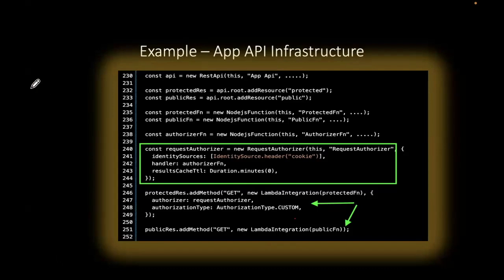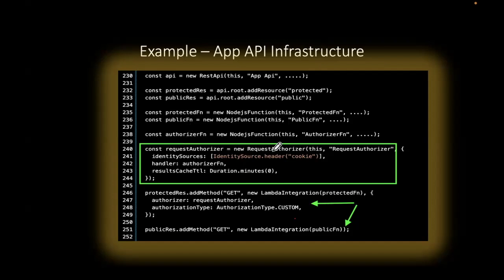The way you do it, and I did talk about this last day, is from a CDK infrastructure point of view, you need to create an instance of a request authorizer. And part of the configuration of that request authorizer is to point it to the Lambda function that is implementing the authorization, right? Which in my case looks like it's this Lambda here.